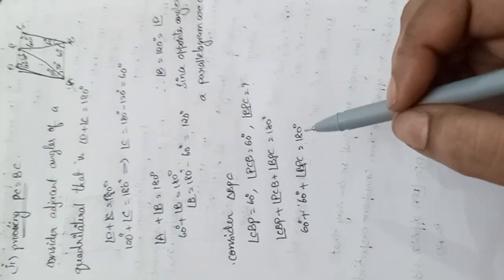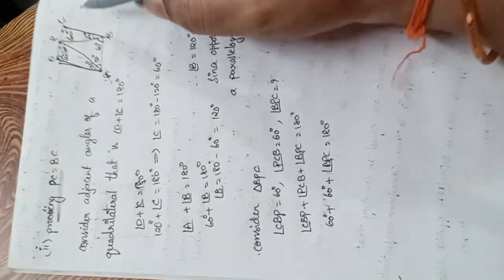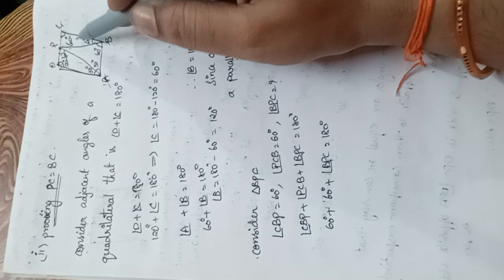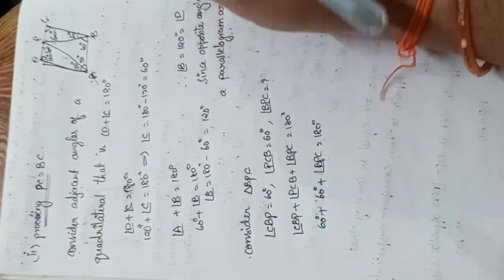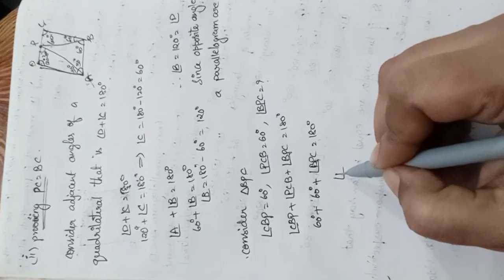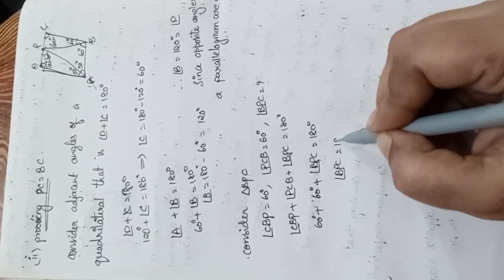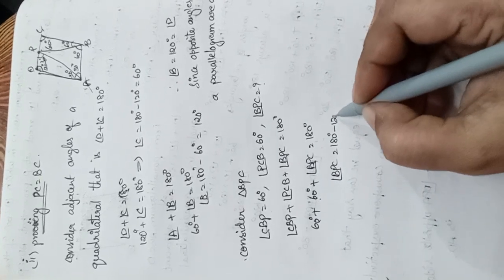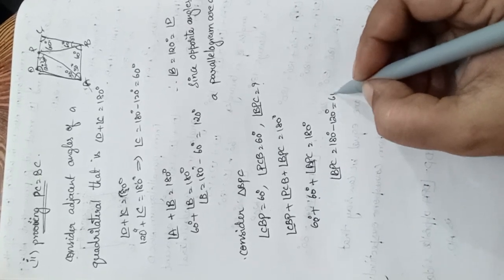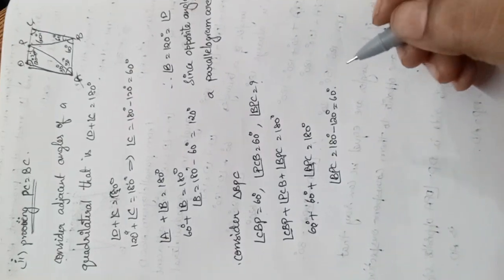Otherwise, by seeing the two angles in a triangle, what will be the third angle? The sum must be equal to 180. So two 60s we got. The third angle obviously will be 60, right? So BPC equals 180 degrees minus 60 plus 60 is 120. So 180 minus 120, which equals 60 degrees. Got it?